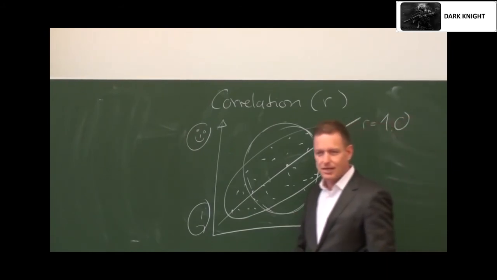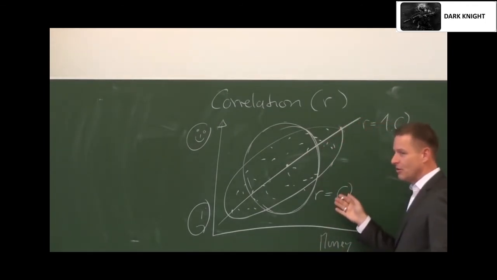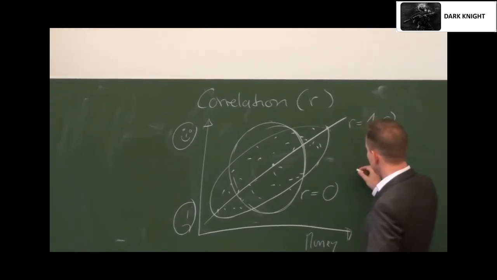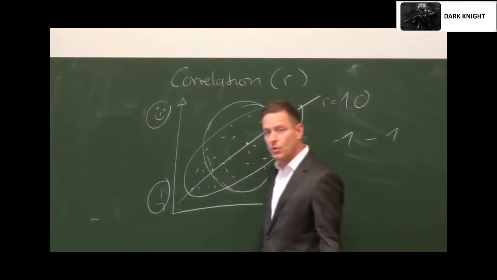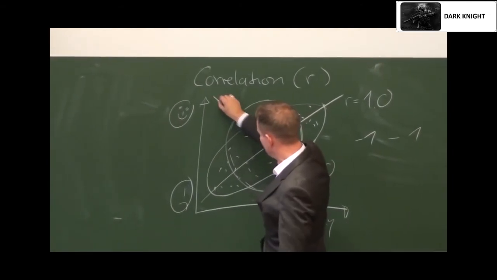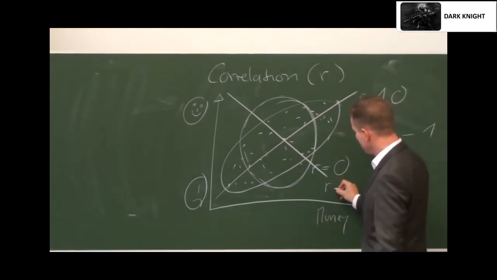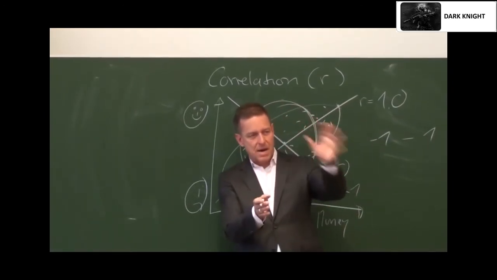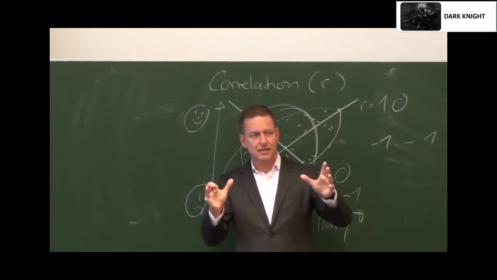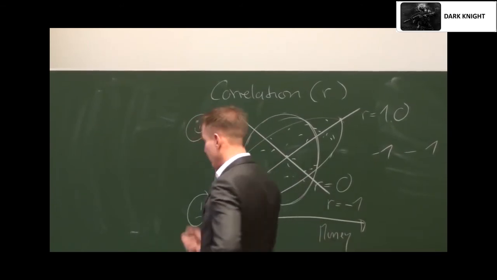Whatever you measure, you hardly get a correlation of 1. More often you get a correlation of 0, but in most cases it's somewhere in between, or to be more correct, it would be between -1 and +1. If you would find a relation like this, a perfect negative relationship, yeah, we would have a correlation of -1. So correlation always is between -1 and +1, telling us how strong the linear relation between two variables concretely is.